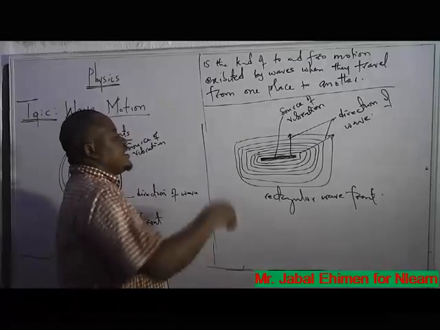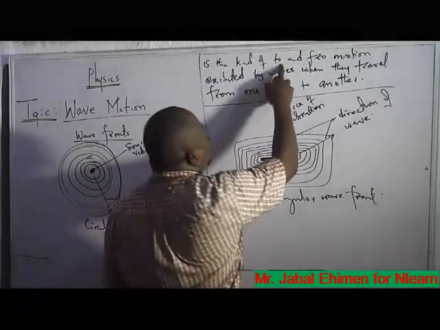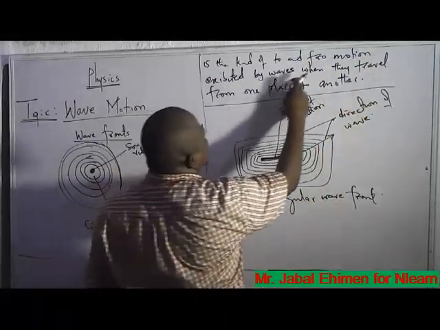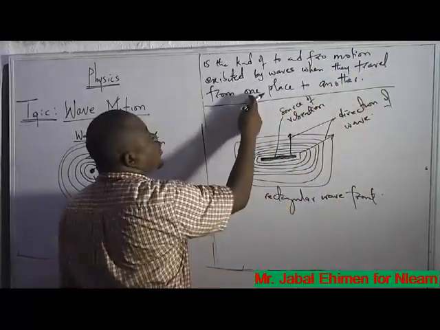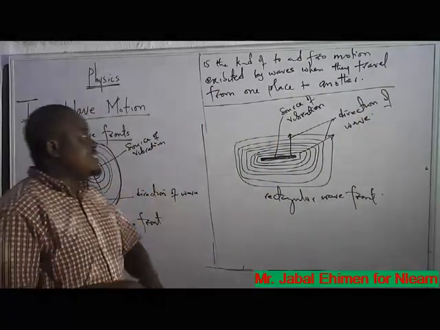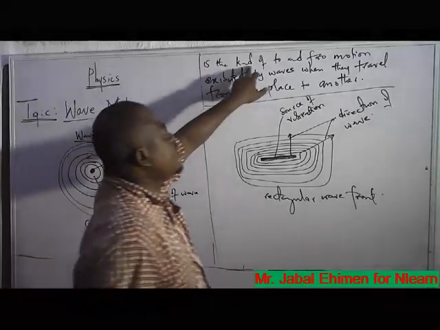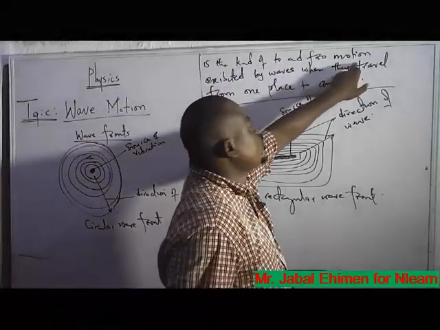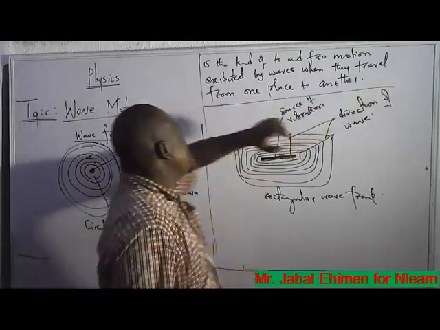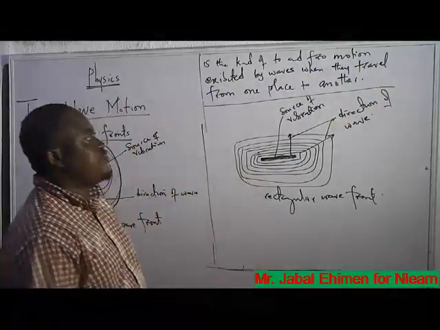What is wave motion? The wave motion is the kind of to and fro motion exhibited by waves when they travel from one place to another. So when I ask you to define wave motion, I tell you that wave motion is the kind of to and fro motion exhibited by waves when they travel from one place to another.